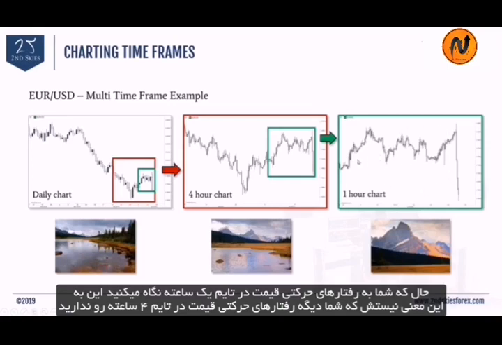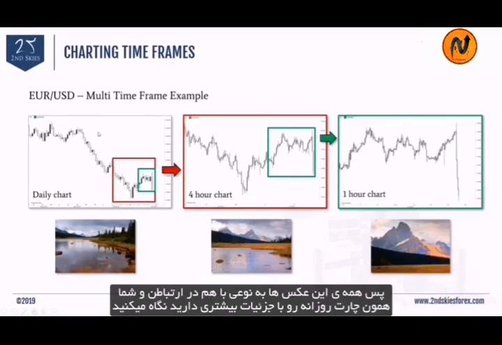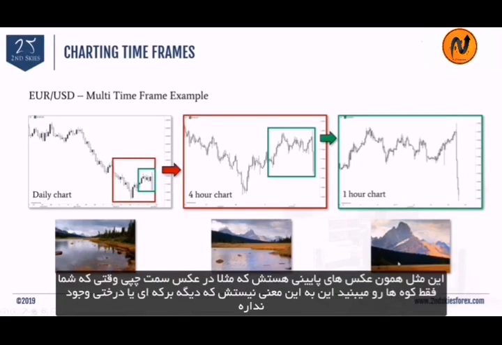But just because you only see this price action in this chart doesn't mean the context to the left does not exist. They coexist. You're simply looking at the context to the left in the daily chart with a greater magnification. So exactly the same as in the pictures. We're looking at this mountain here. That doesn't mean that there isn't a lake and that the trees on the right side aren't there, right?